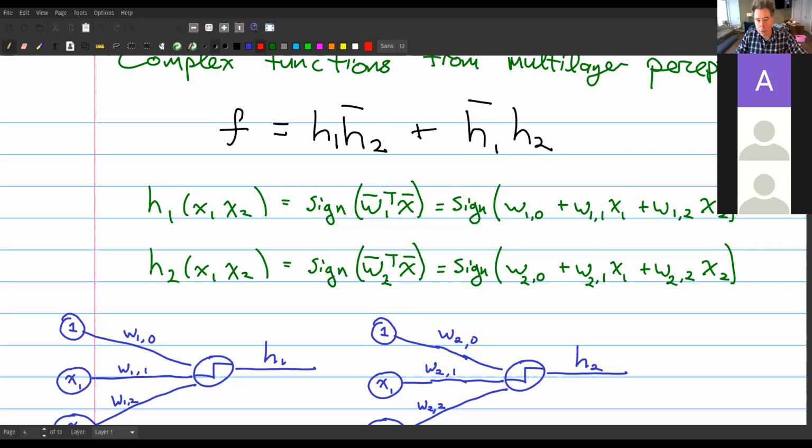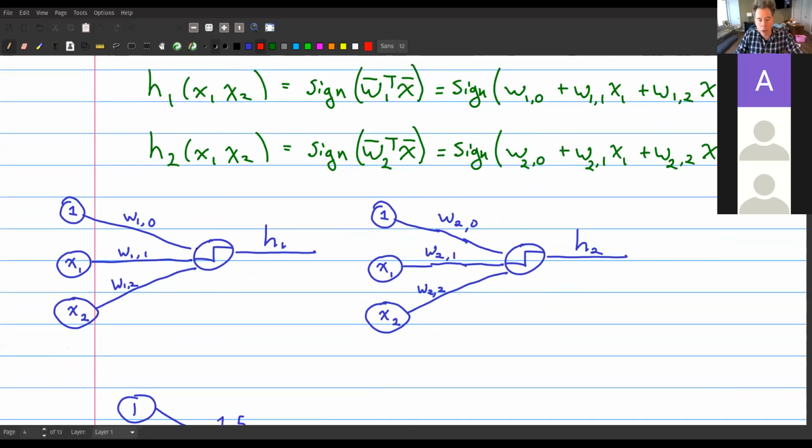And for this other half space, W2 will be the weight vector. So we'll use this notation for writing these networks. So this is H1. So this is from W1 bar, the 0th coordinate, the first coordinate, the second coordinate, and similarly for H2 there. So we've expressed H1 and H2 as perceptrons.